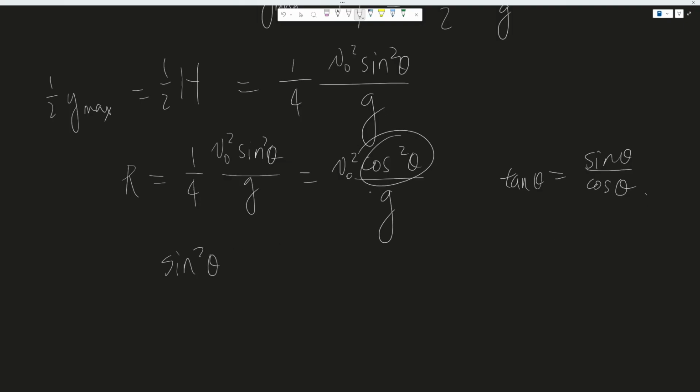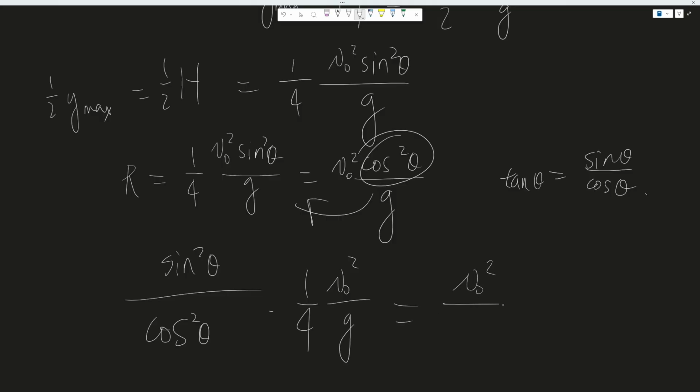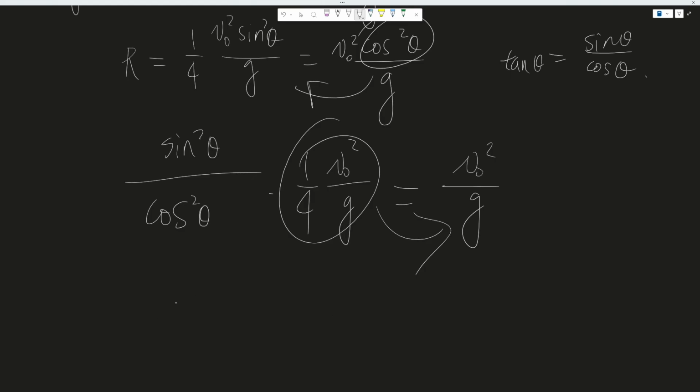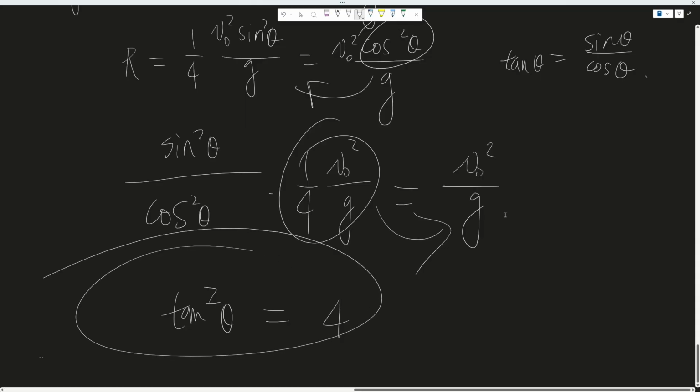Let's move cosine squared theta to the left side. So we have sine squared theta over cosine squared theta times a quarter V naught squared over g equals V naught squared over g. And then we just move this whole thing to the right. We have tangent squared theta equals 4 times 1, so just tangent squared theta equals 4.